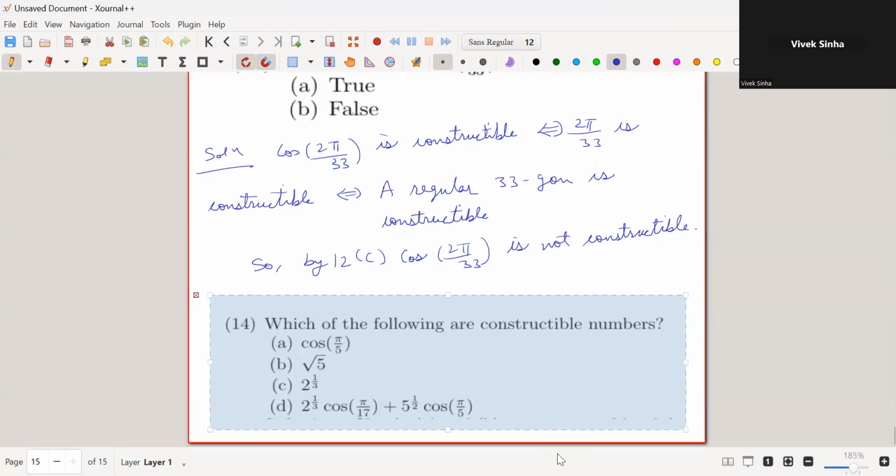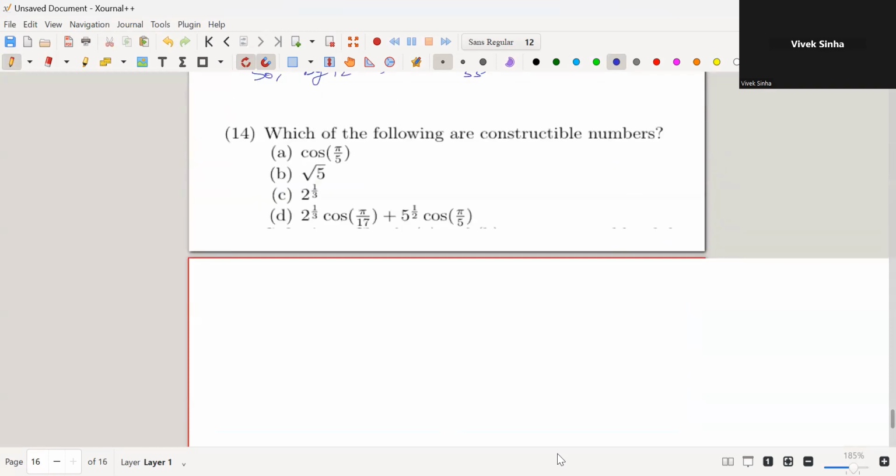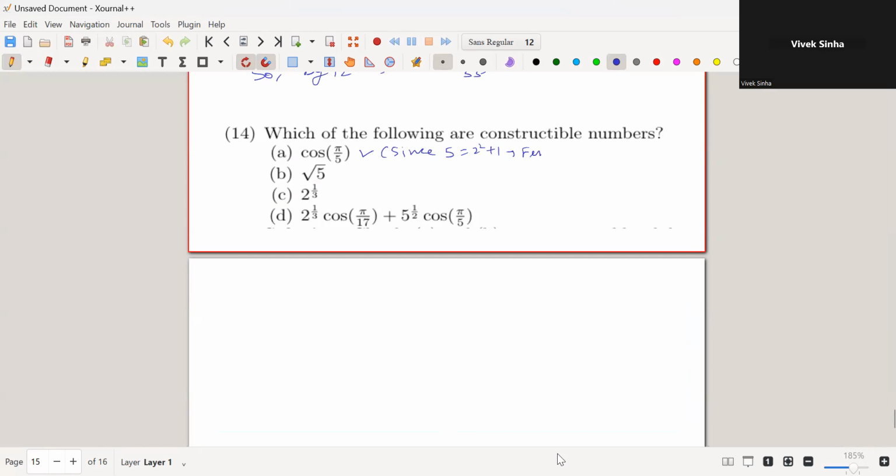So first one, this is okay since 5 is equal to 2 square plus 1, right? Fermat prime. Constructible.